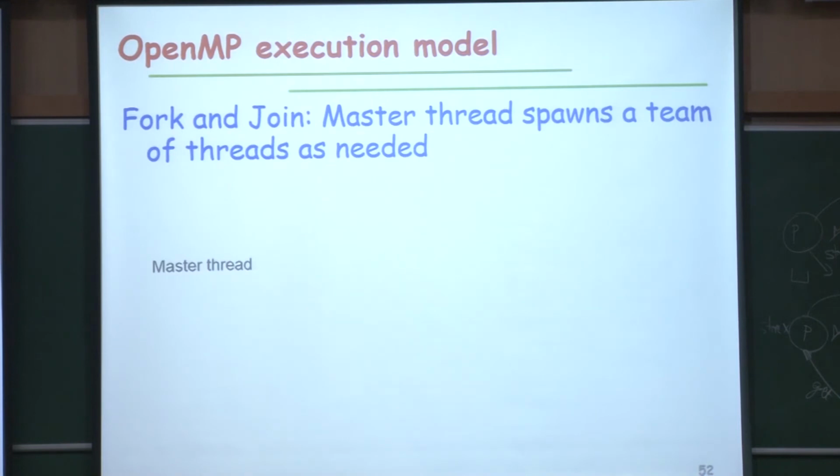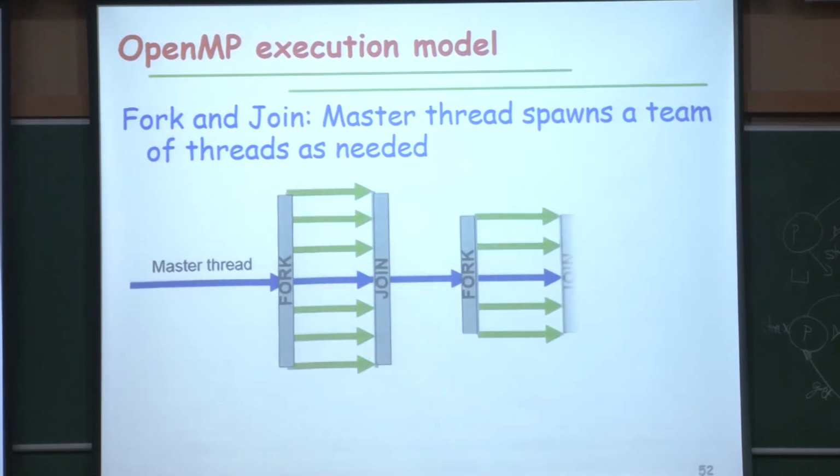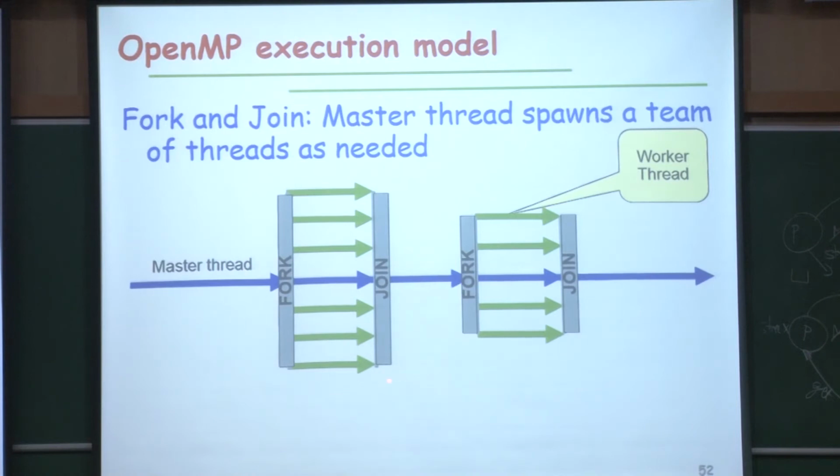By that what we mean is that initially there is one master process which will be executing, and then whenever it comes to a parallel section, it will fork a number of threads, and the master process or master thread will also continue to execute. So, it will essentially fork n minus 1 threads. All of these n threads will execute in parallel.